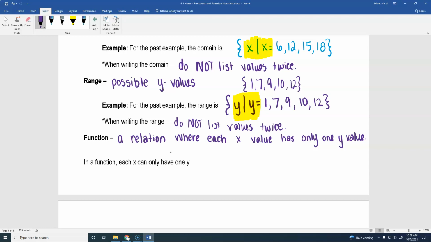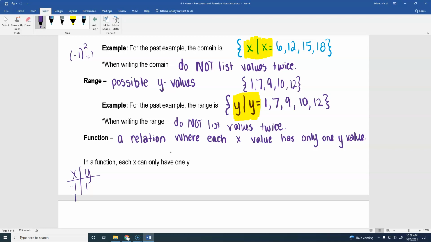I'm going to square it. What is -1 squared? It is 1, right? So when you give me the x value of -1, I told you 1.